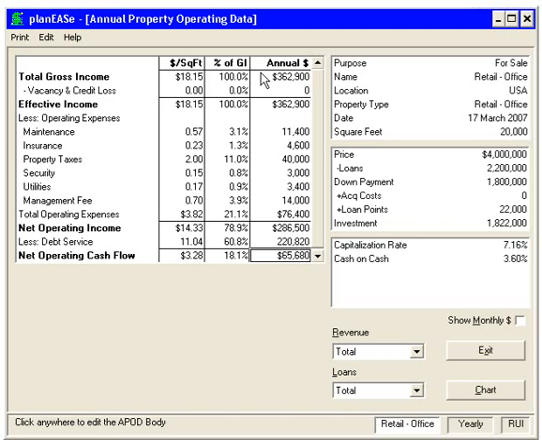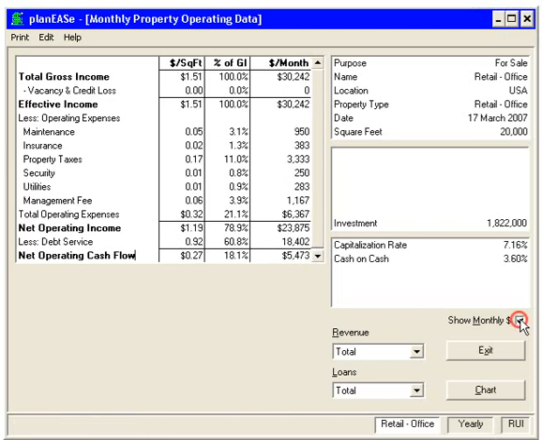We're in the APOD, which takes into account just the first month and multiplies it times 12 to make it a year. To be specific, let's click on Show Monthly. And what happens is it takes just the first month, multiplies it times 12 to come up with the annualized number.